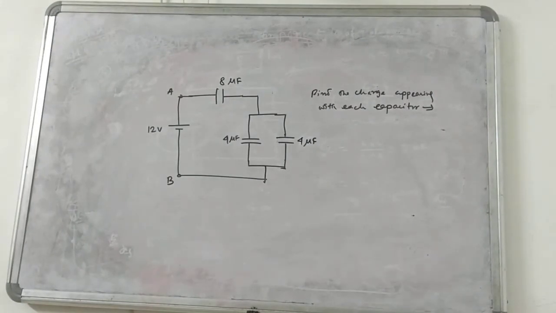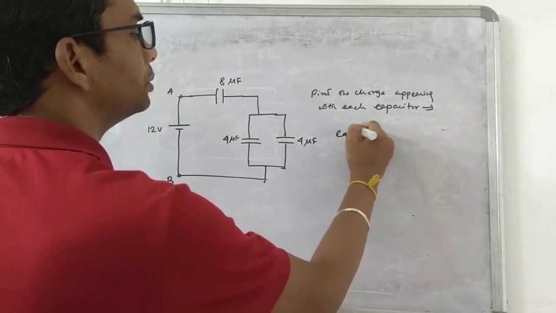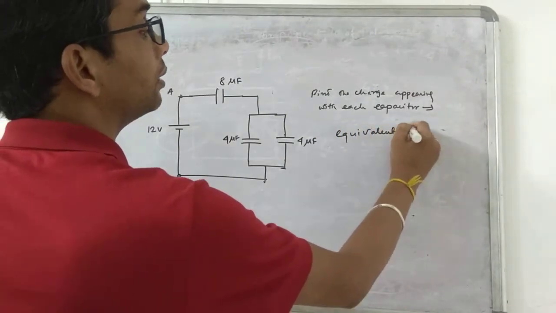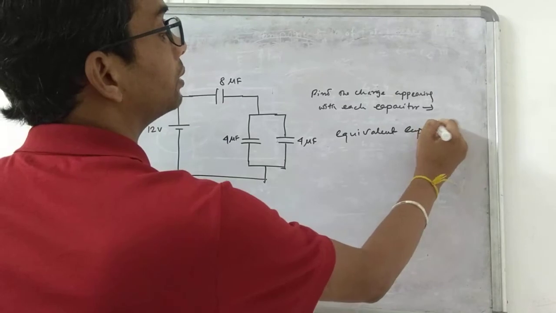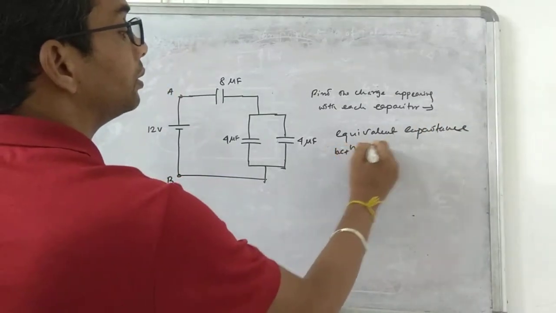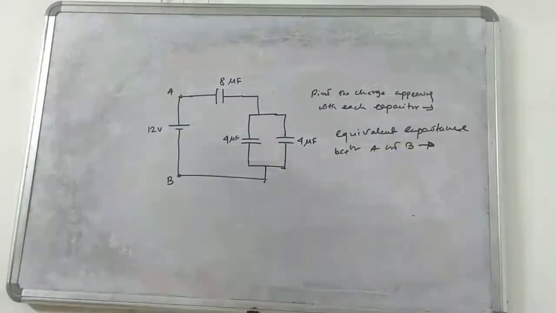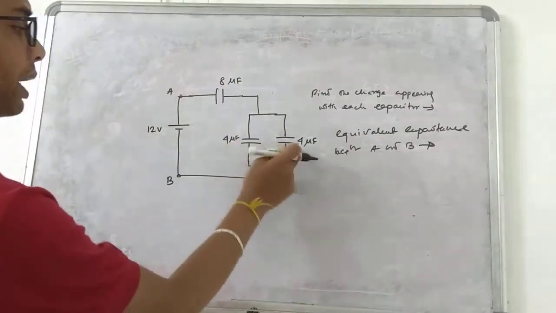For this, what you have to do is find out the equivalent capacitance between A and B. First, you see these 4 and 4 are in parallel.